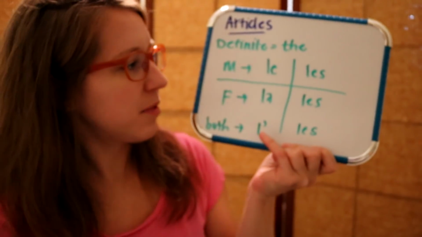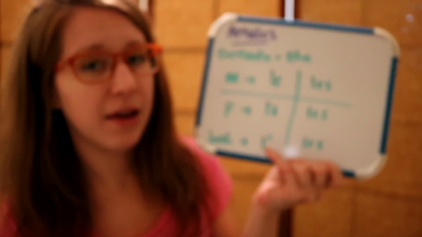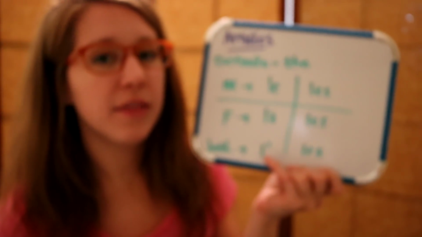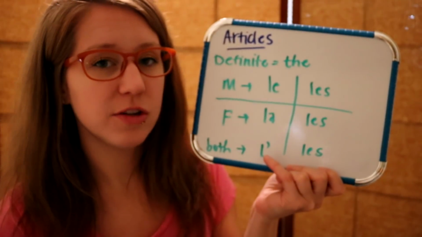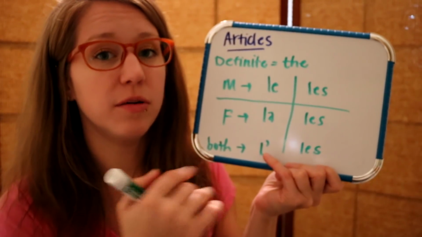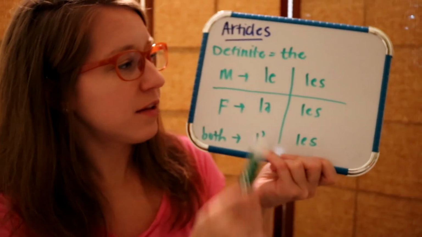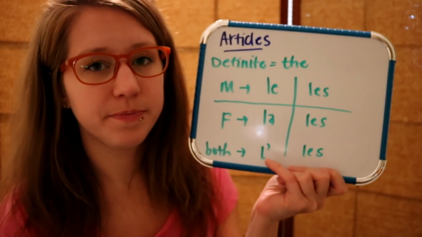So if you're looking at something that's masculine and singular, so you have one item that is a masculine item that you're saying, can I have the blank, or can I look at the blank? This is going to be le.